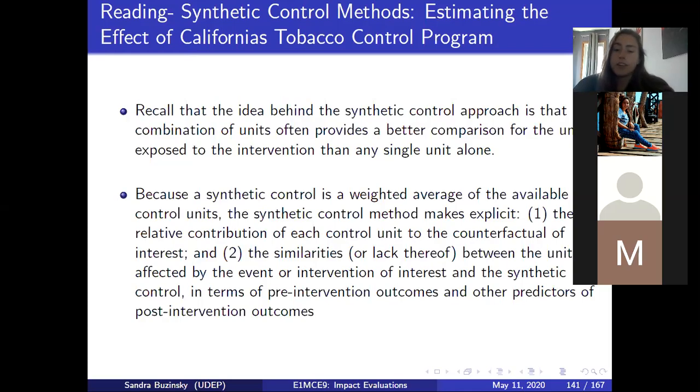But when the characteristics of the treated group are way, way outside those of the untreated groups, then it will be impossible to make a linear combination. And so we might not even be able to make a comparable synthetic control. So that would definitely be a challenge. And it would threaten the validity of your synthetic control, but it still might be better than just choosing one unit alone. It's hard to say. So just keep that in mind.